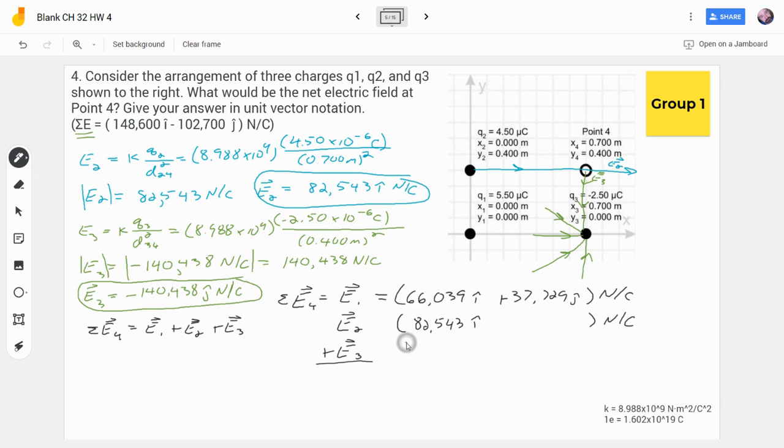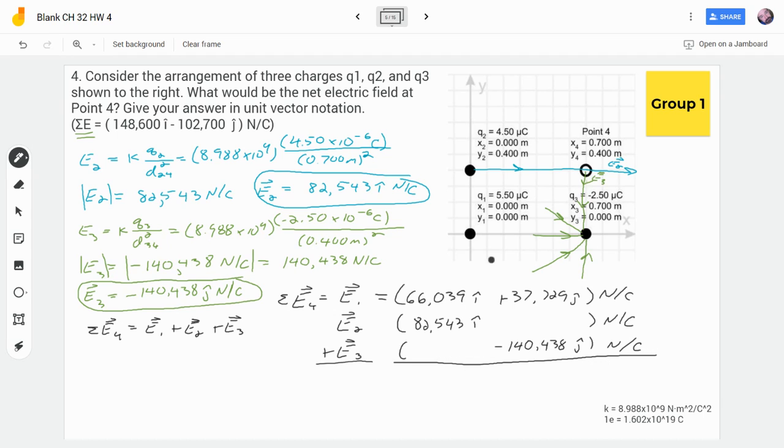And then E3. What is E3? E3 is minus 140,438 j hat. So this guy has no i hat component. You could write 0 i hat, really, you don't have to. It only has a minus j hat, minus 140,438 j hat newtons per coulomb.